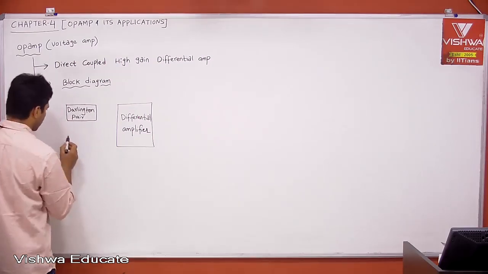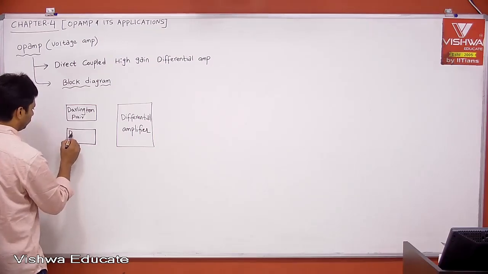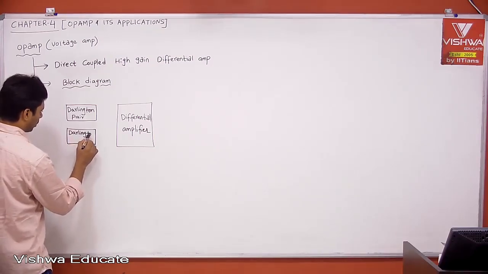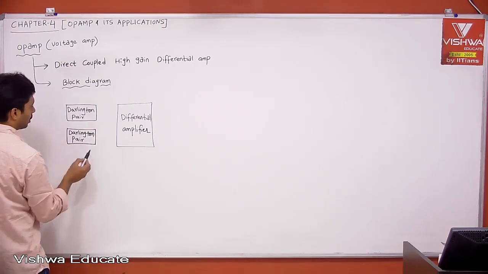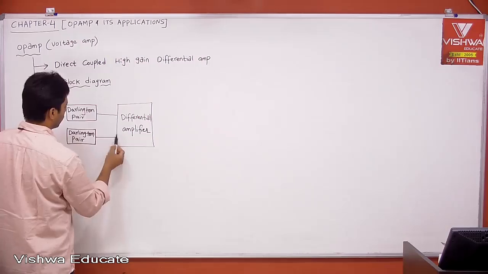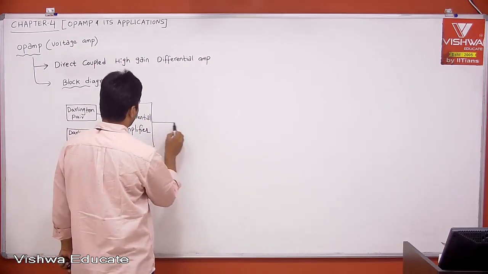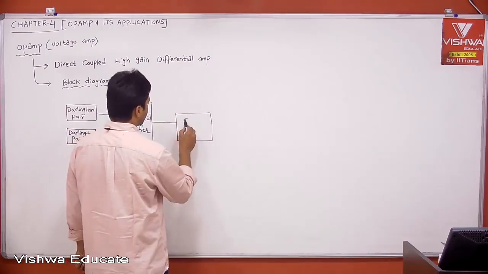Because we have two inputs, you will have two Darlington pairs. Then this is the input. Then differential to single signal conversion is there inside, and to have more gain, one more amplifier, you can say a CE amplifier.